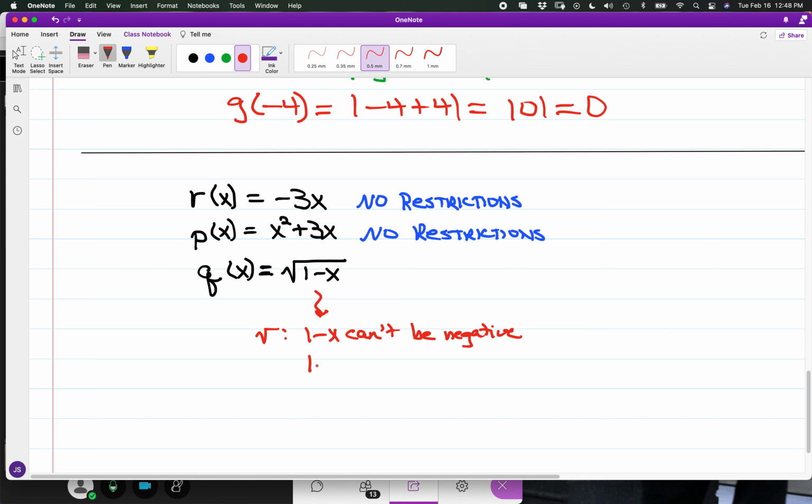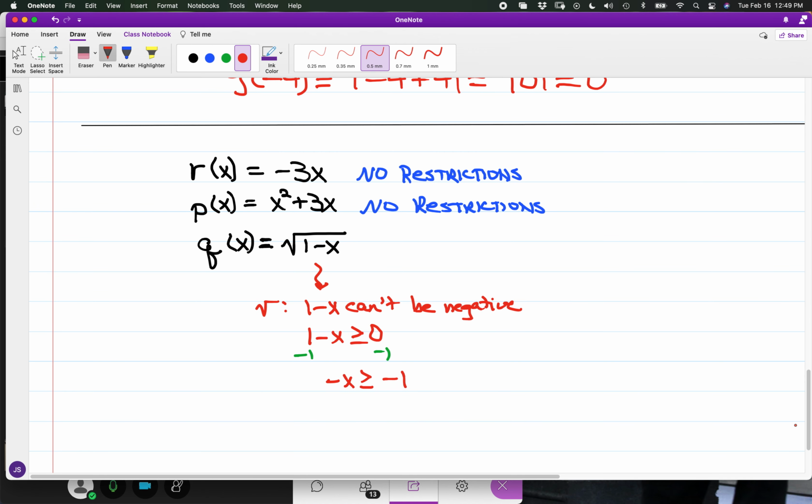So it can be 0 and it can be positive, which means 1 minus x is greater than or equal to 0. Isolating the x term, if I take 1 away from both sides, I have negative x greater than or equal to negative 1.